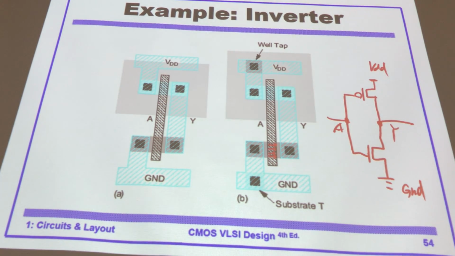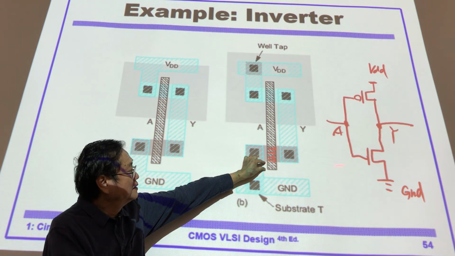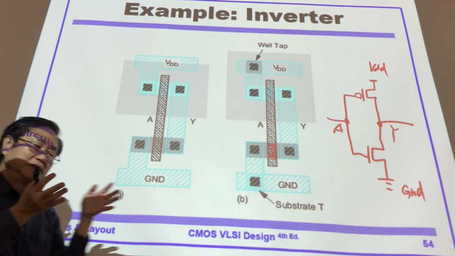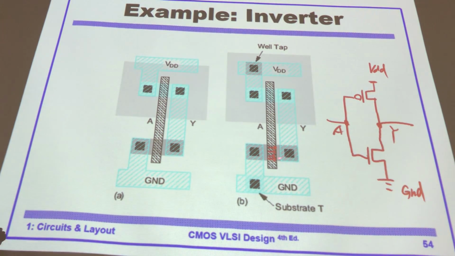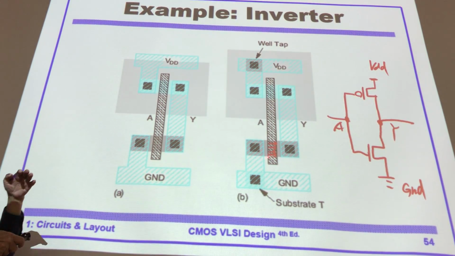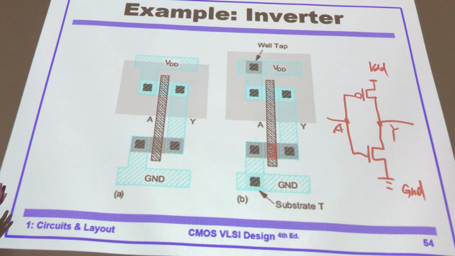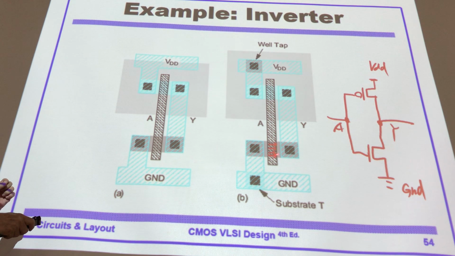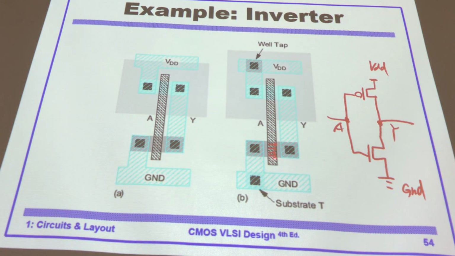And according to the design rule, it has to extend over the edge because of the inaccuracy of the manufacturing process. Otherwise you just cut it right there, because the manufacturing is probably not accurate enough to cover the diffusion. Okay? That's why typically it extends over.